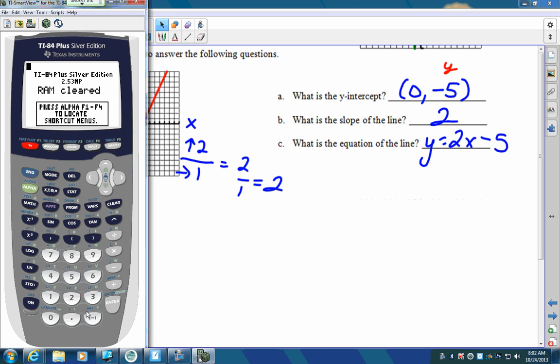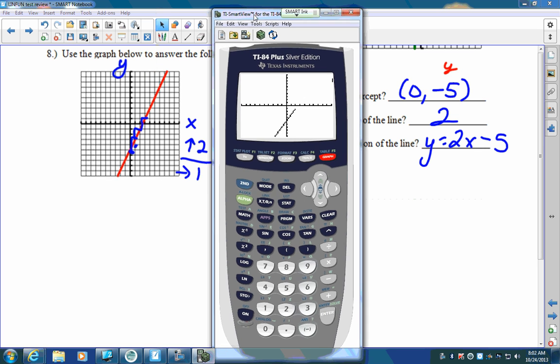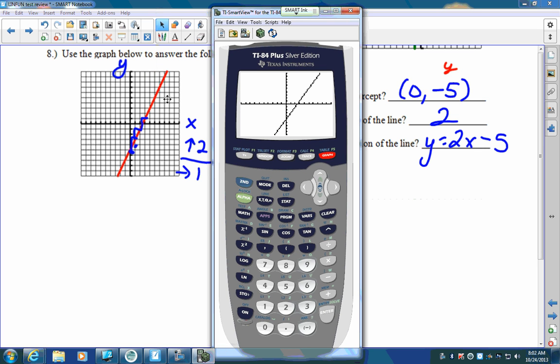Go into y equals, put in there 2x -5, and press graph. You want to check and make sure that yours is going the right way. What this will help you do is figure out if you put a negative and it should be a positive, if your y-intercept is not going the right direction. But every time you have something like this, you should check it in the calculator.